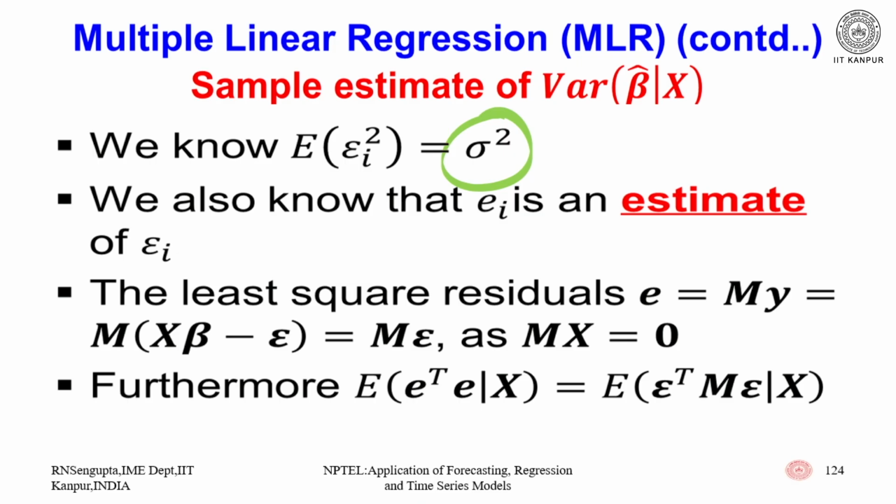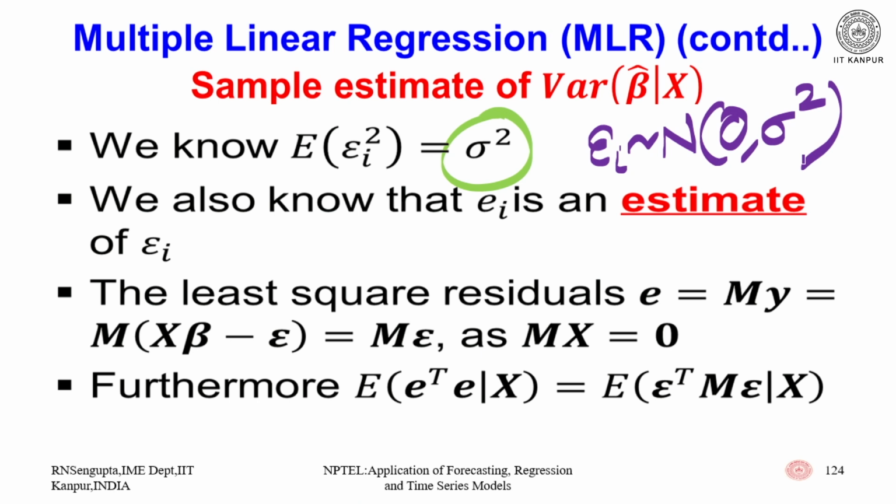So, sigma square is basically the variance of the error, and this has been mentioned time and again when we considered each error to be normally distributed with 0 mean and sigma square as the variance. And the concept of non-autocorrelation would immediately give you the idea that the errors are independent of each other, that it is not time dependent, and the concept has been mentioned time and again from my side.